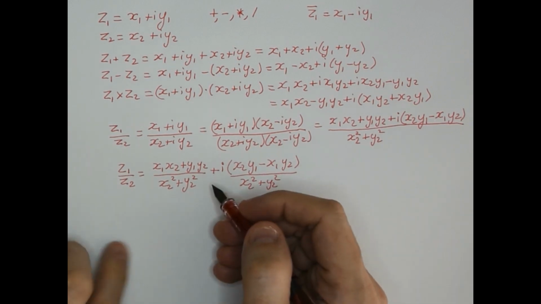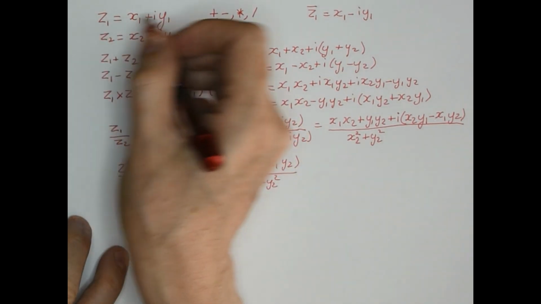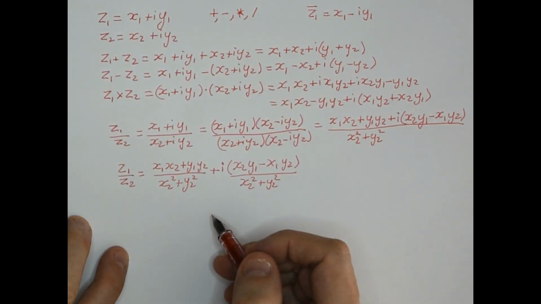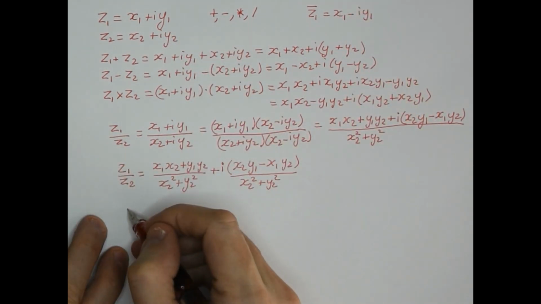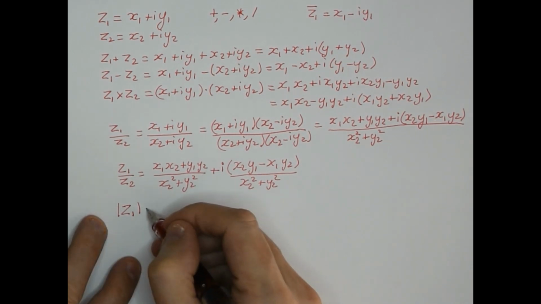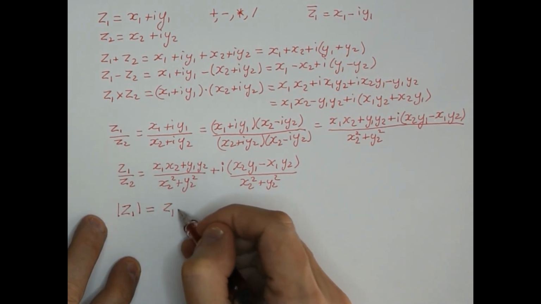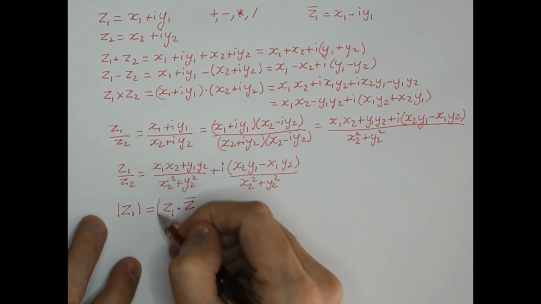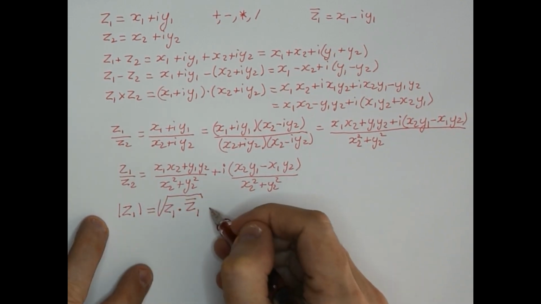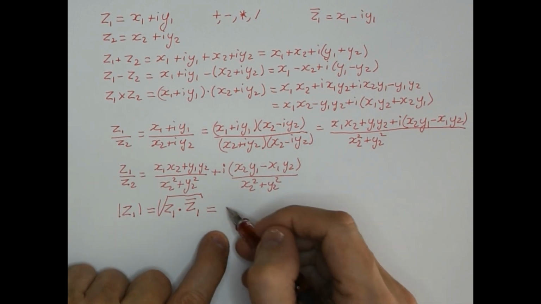Now the last one I'm going to put in is calculating the norm, so the length of z1 for instance. We can do that using the complex conjugate. By definition, that is z1 times the complex conjugate of z1, and taking the square root. So let's work this out.